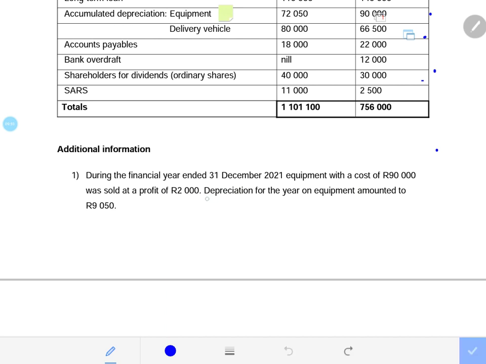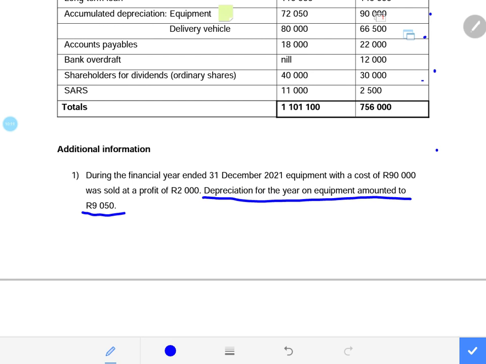And I also added the fact that the depreciation for the current year on equipment amounted to 9,050. This is the depreciation on equipment for the current year. We are referring to two depreciations here.